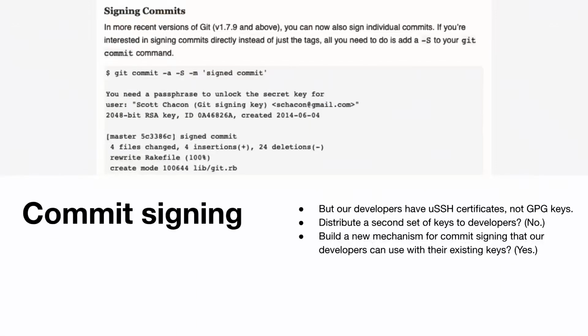So we're stuck with this interesting choice of resolving the key distribution problem for a new set of keys that I would argue is actually worse than the set of keys our developers already have, or, in that case, using the built-in commit signing that Git provides, or using this better set of keys that we have and implementing our own custom commit signing solution.